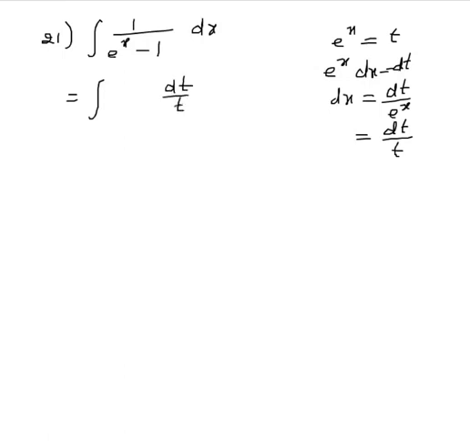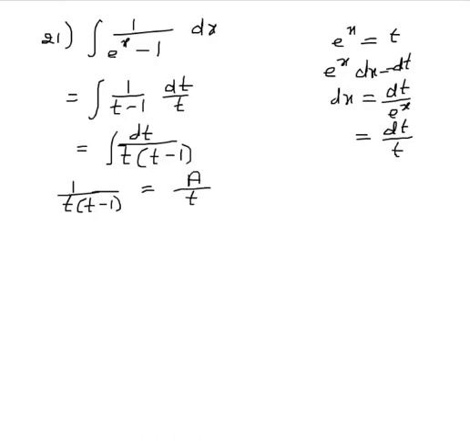This becomes dt by t, and this is 1 by t minus 1. Either use partial fraction method or completion of squares method. Let us use partial fraction method in this question. Both are linear terms, so a by t plus b by t minus 1.